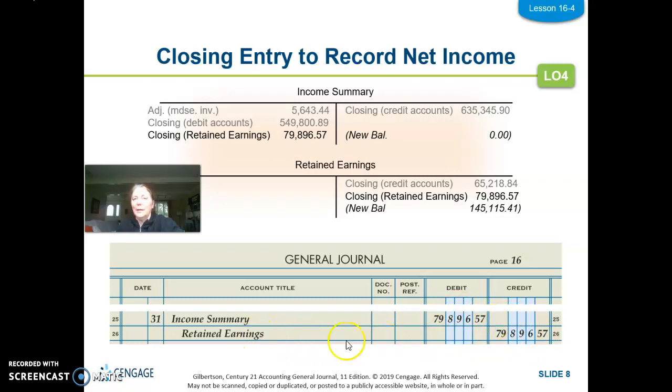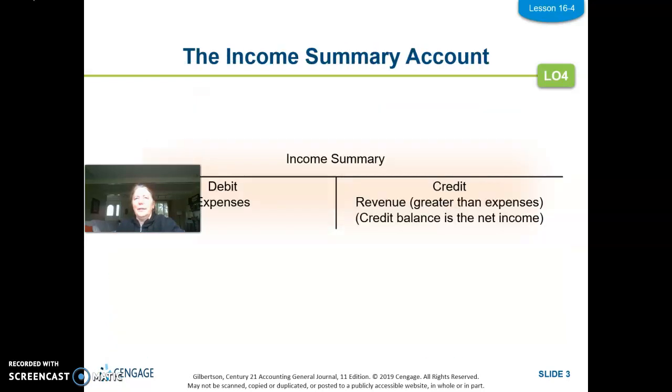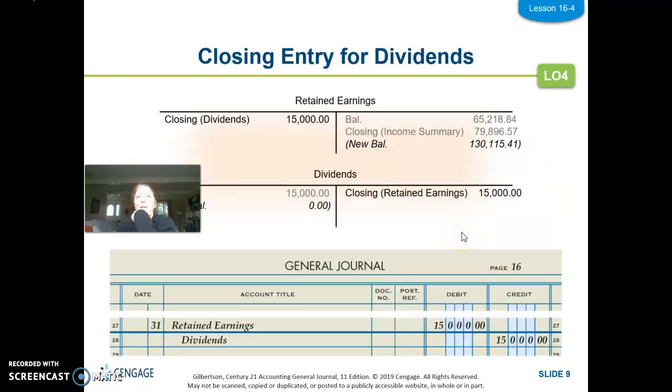If it is income, I'll credit retained earnings. If it's a loss, I'll debit retained earnings. And then this just shows the relationship in general: I've debited expenses in a closing, credited revenue. If revenue is greater, I'll have a credit balance sitting in income summary and I need to debit it.